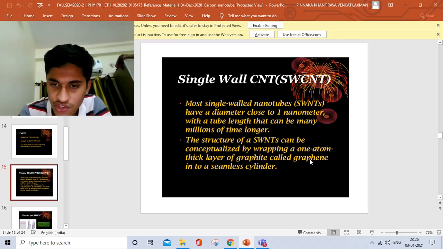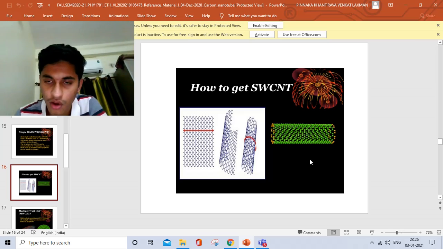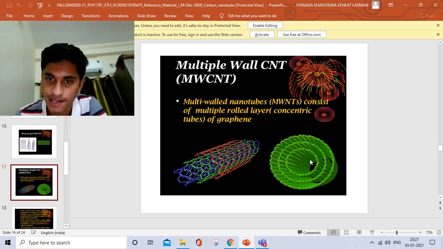The structure of SWNTs can be conceptualized by wrapping a one-atom thick layer of graphite called graphene into a seamless cylinder. People have doubts about how to get SWCNT. This is the way, the rolling of graphene.